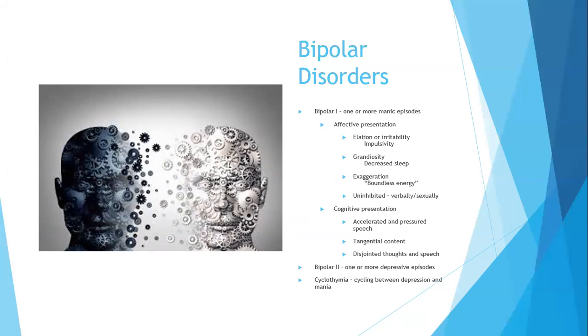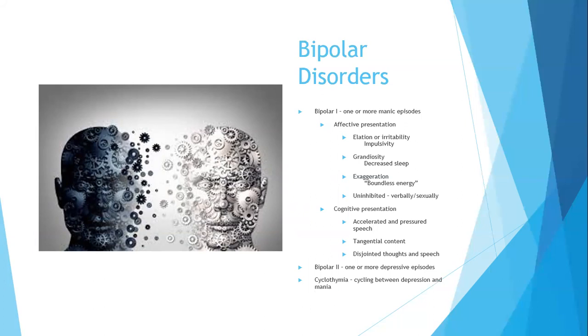So bipolar 1 is usually diagnosed by having one or more manic episodes. The affective presentation is elation or irritability or impulsivity, grandiosity, decreased sleep, exaggeration, boundless energy, uninhibited verbally and sexually, and sometimes even uninhibited in the way people dress. When people cycle between manic and other phases, sometimes in a manic phase they dress really flamboyantly, really brightly.